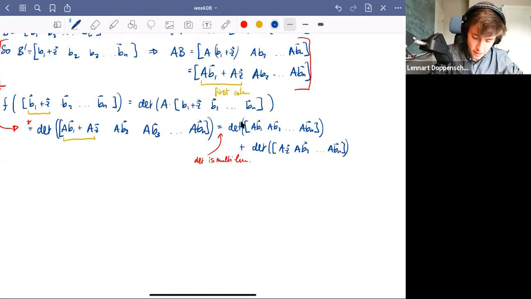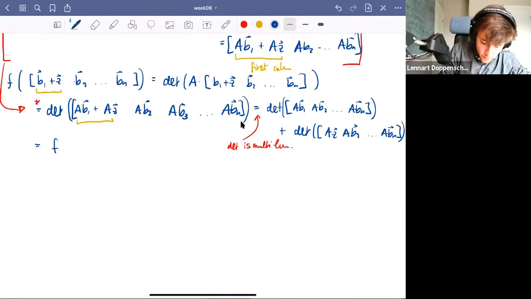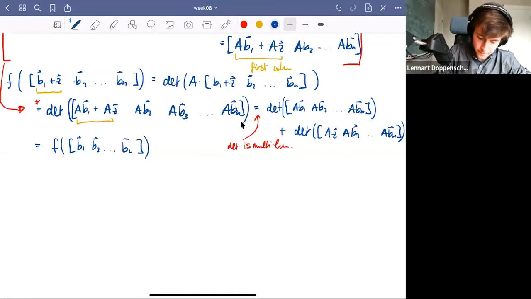But this is nothing else but F applied to B1, B2, through Bn. So basically, this is the matrix B with columns B1 to Bn.